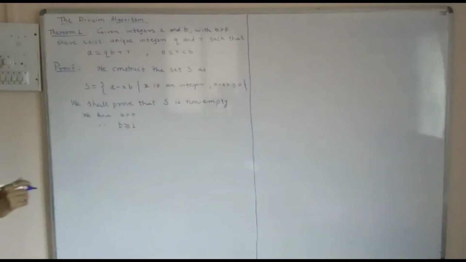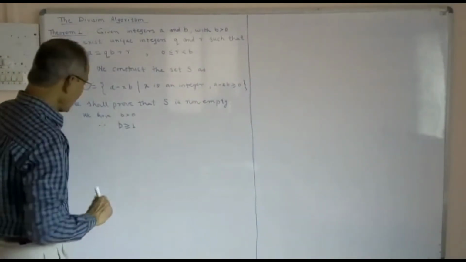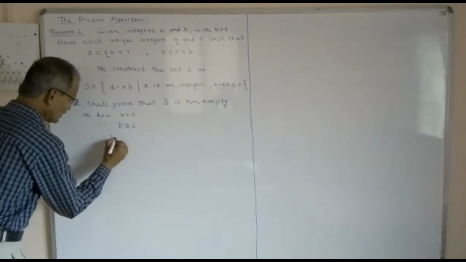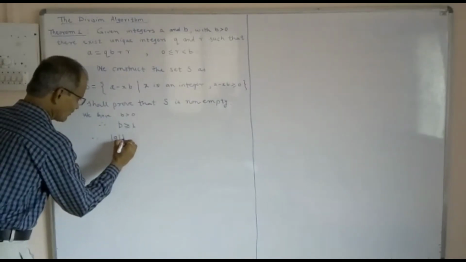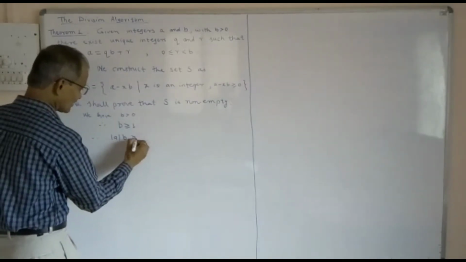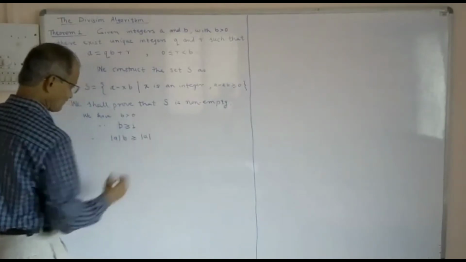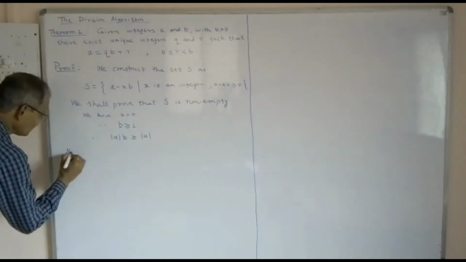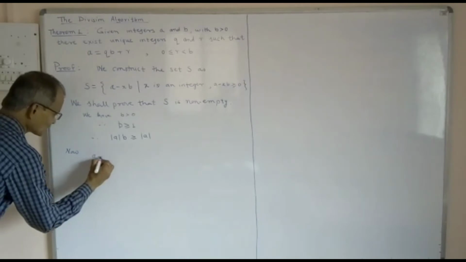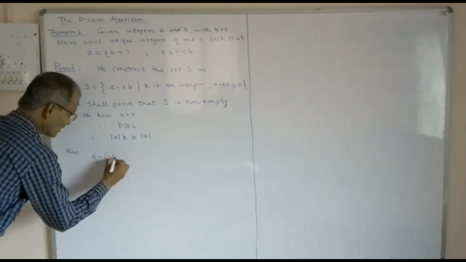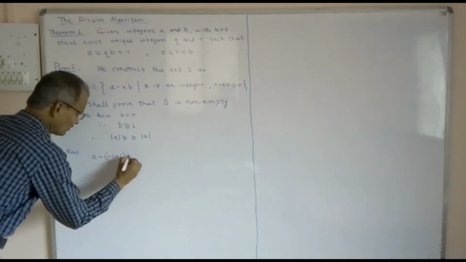Greater than 0 means 1 or more. And therefore, if you multiply both sides by the absolute value of A, mod A into B is greater than or equal to mod A. Now consider A minus (minus mod A) into B.